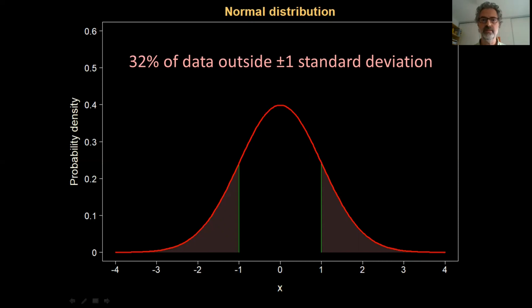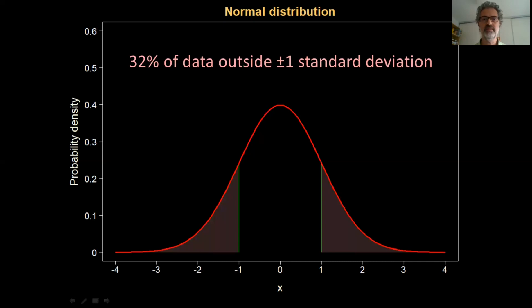So the reason is, if you use the standard deviation, then you can know a lot about proportions of your data that are expected to be within or outside any given range. So if your variable is approximately normally distributed, about 1/3 or 32% of your data will be farther from the mean than 1 standard deviation.